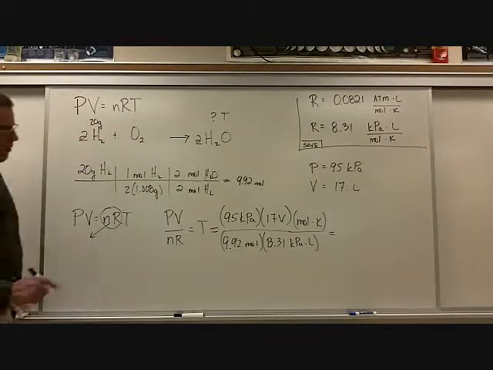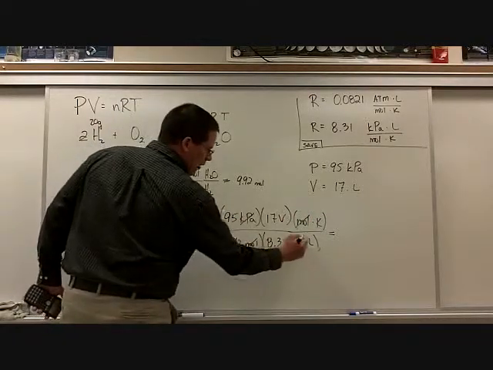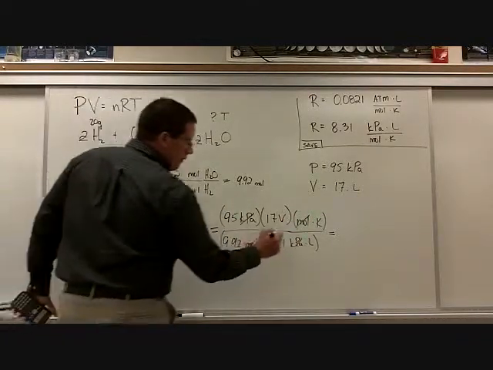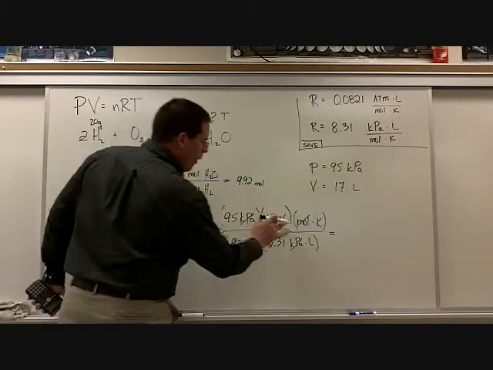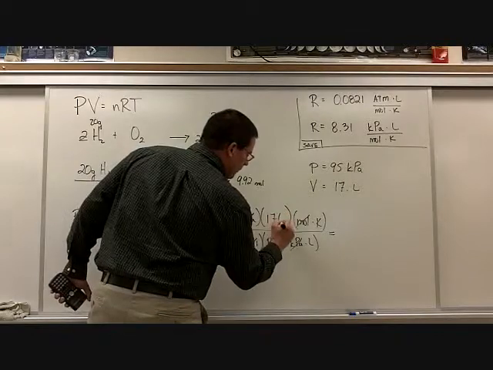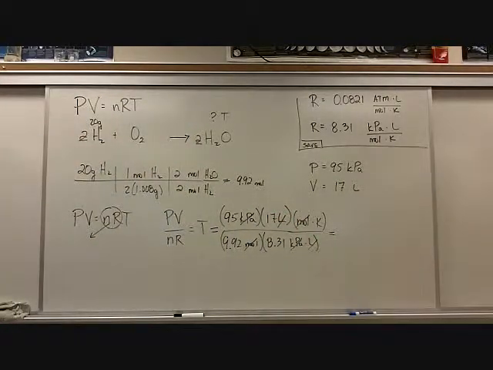So should have that arrangement. So moles can cancel, kilopascal can cancel. Why did I put liter there? It's liters. Liters can cancel, and we're left with Kelvin. Okay. 19.6.